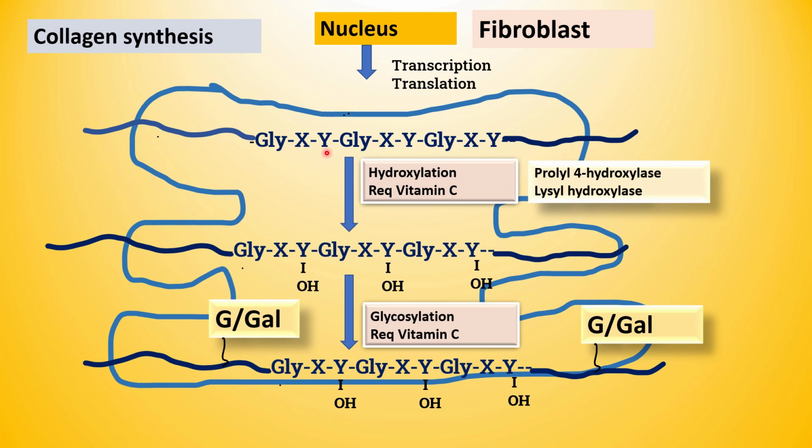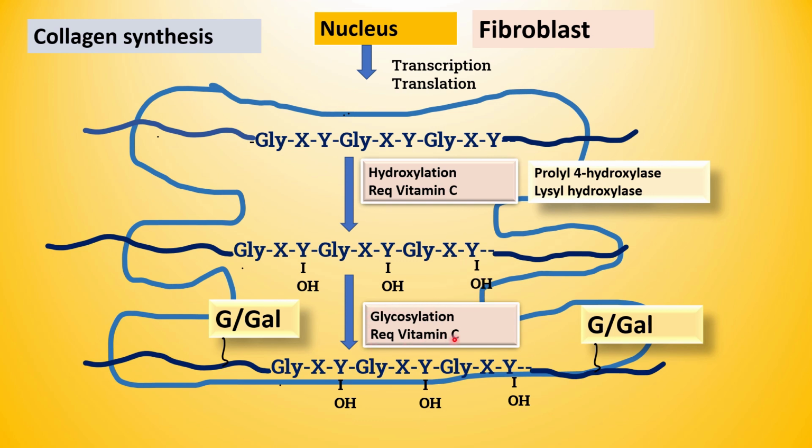This alpha chain undergoes a hydroxylation reaction. For that, the coenzyme is vitamin C, and the enzymes prolyl 4-hydroxylase and lysine hydroxylase are responsible for the hydroxylation reaction. After hydroxylation, before exit, the alpha chain undergoes glycosylation.